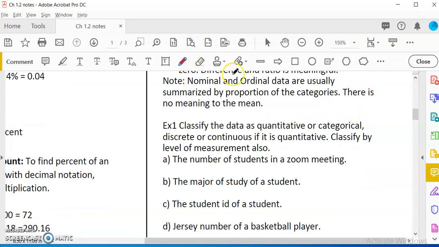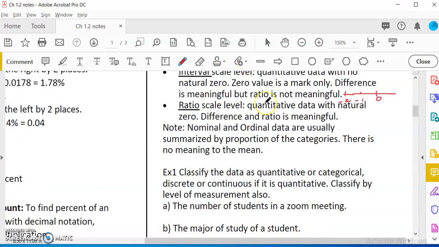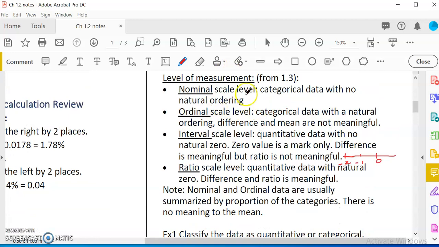And for nominal and ordinal data, because they're categoricals, usually we summarize them by finding proportion of a category, and you do not calculate mean of nominal or ordinal data. So for example, very often we use student ID or social security number to represent the name of a person.